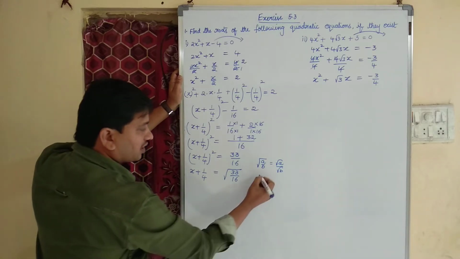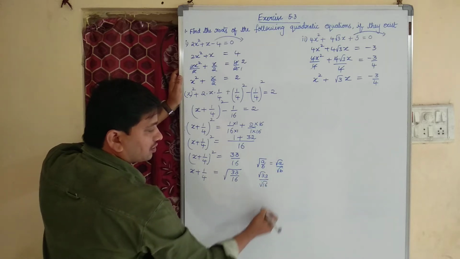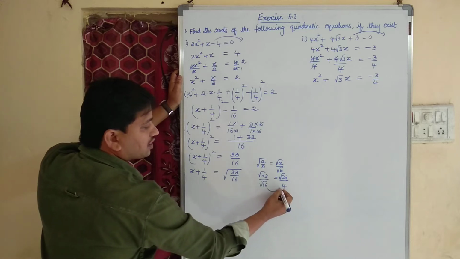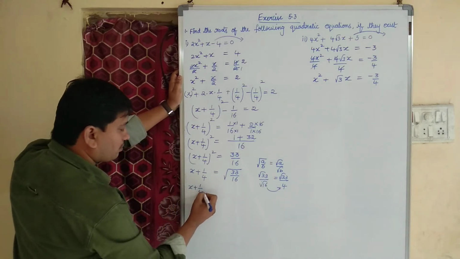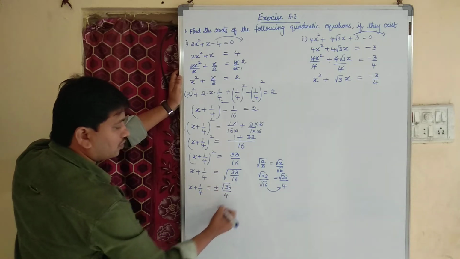I mean √(33/16) we can write as √33 / √16. That implies √33 by, as the value of √16 is 4. So I can write x + 1/4 = ± √33/4.